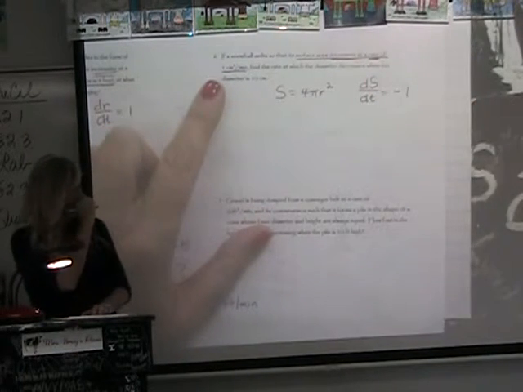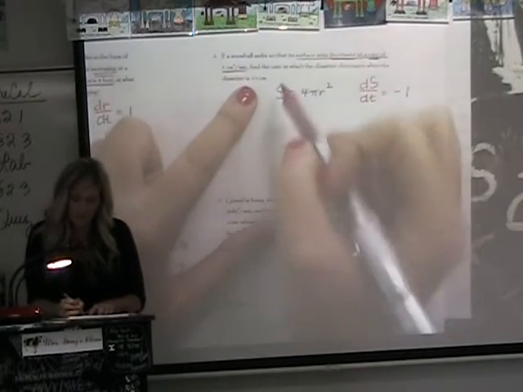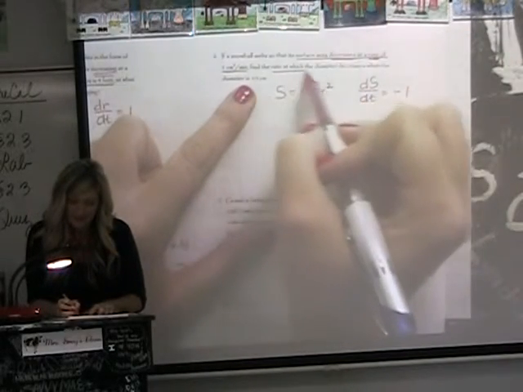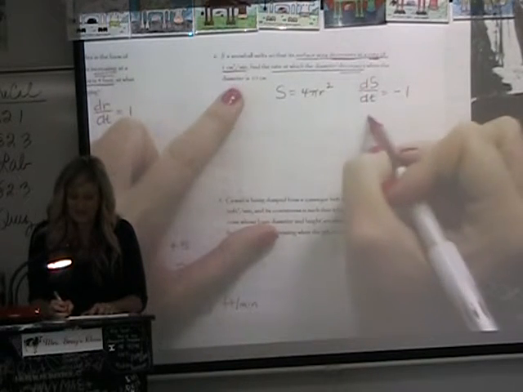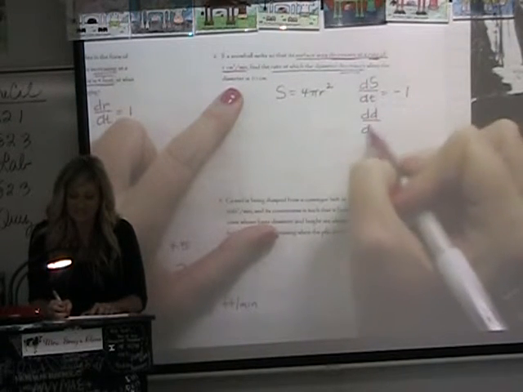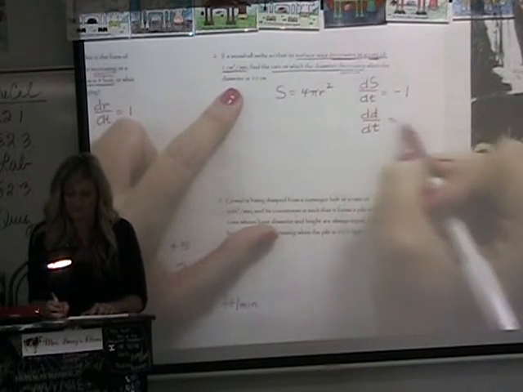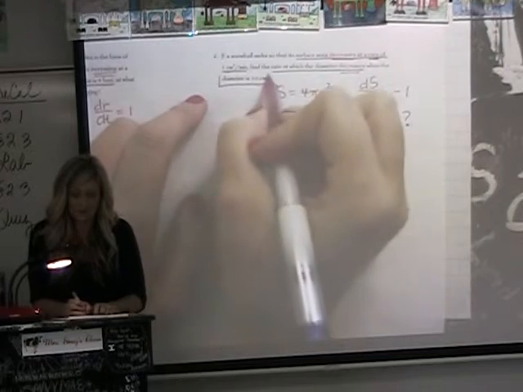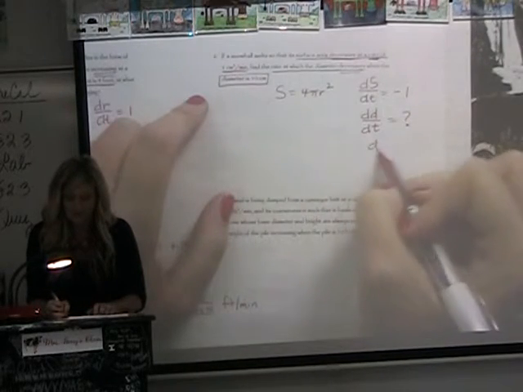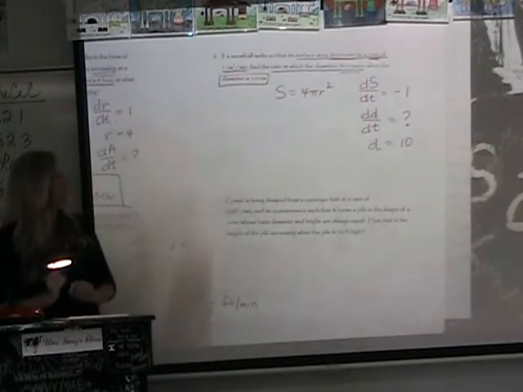Good. And then it says find the rate at which the diameter decreases, so what we're trying to find is dD by dt. And when the diameter is 10 centimeters, so D equals 10.